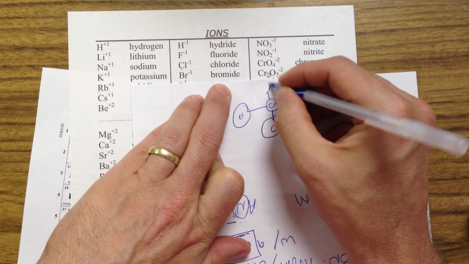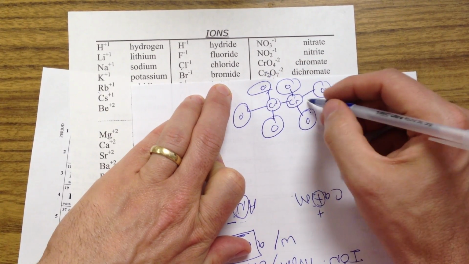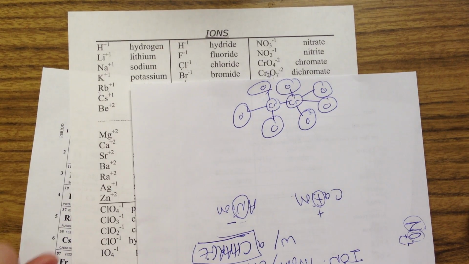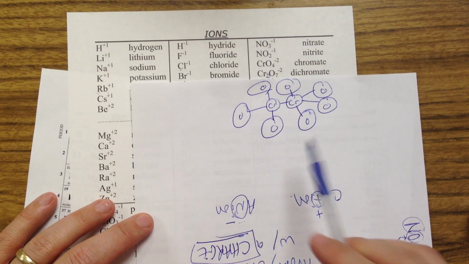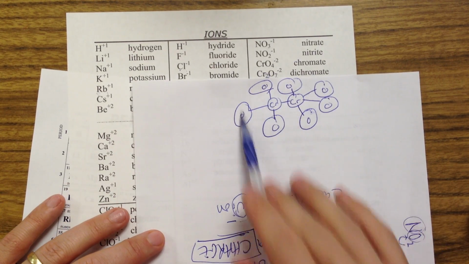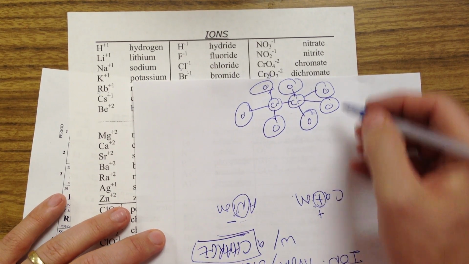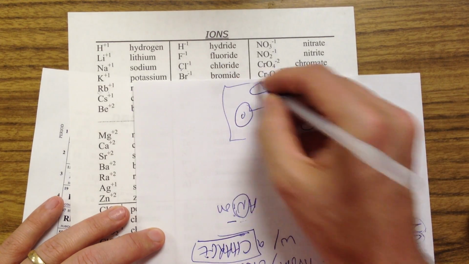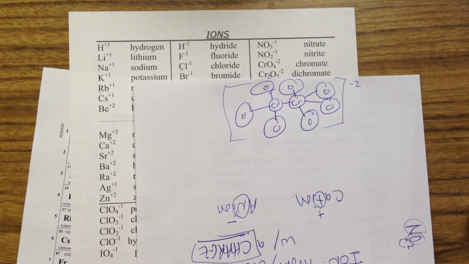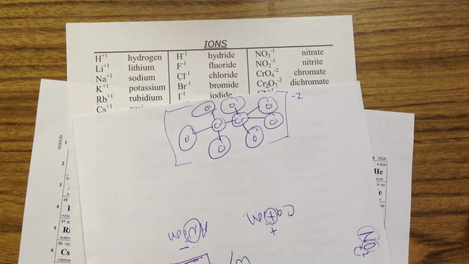They don't have to draw them on their ion quizzes, by the way. I'm just giving you a visual of what it is we're actually talking about. Cr2O7 would be an ion that would look something like that. It has 2 chromiums and 7 oxygens all attached. And the whole thing, not each atom, but the whole group, has a collective charge of -2. That's what that means. So that would be an anion.